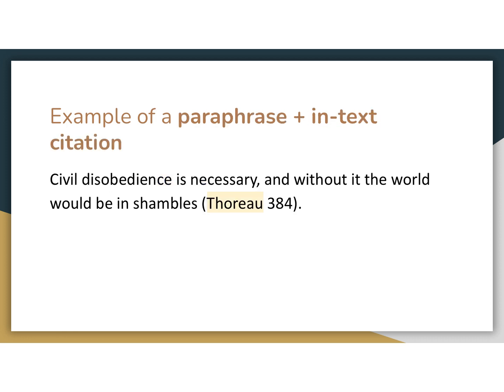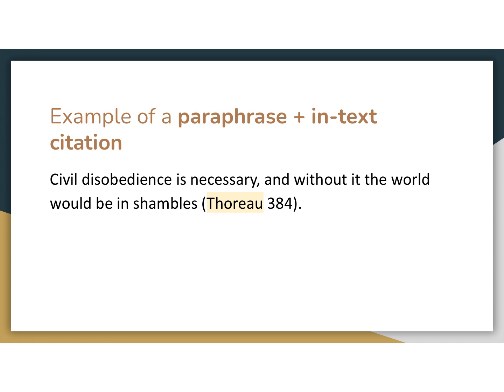So here, if I wanted to take that idea and didn't want to focus on the fact that Henry David Thoreau said that, and wanted to instead highlight the content rather than the author, then I might put my keyword, Thoreau, in my parenthetical citation instead, and that would just give us the focus on the fact that civil disobedience is necessary, and without it the world would be in shambles.